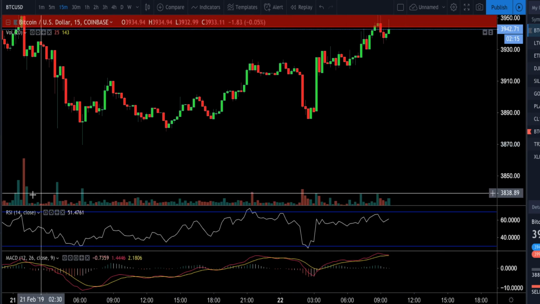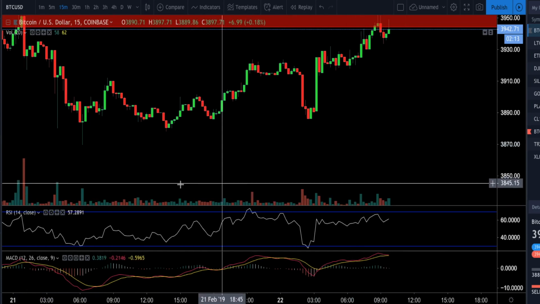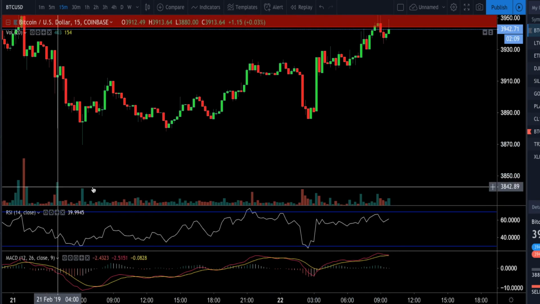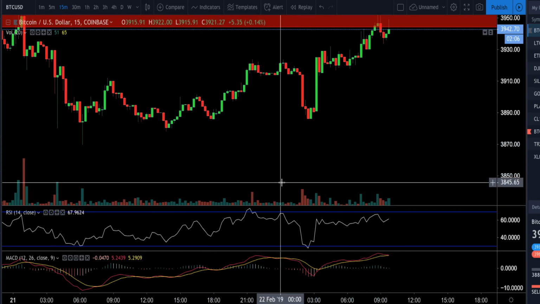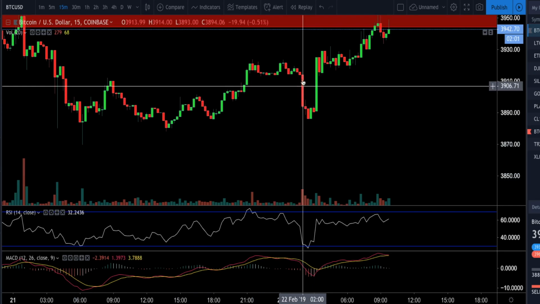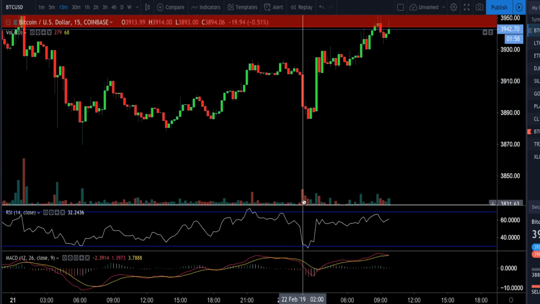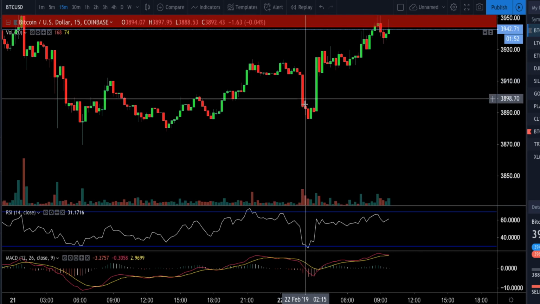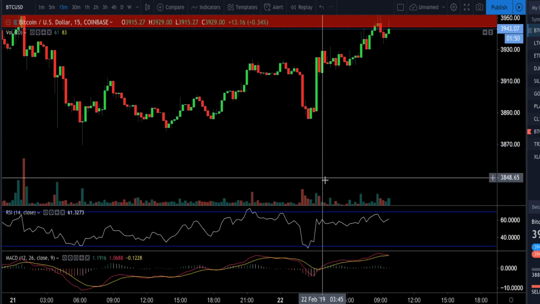Okay, this is how much money is coming or going from the particular asset that you're looking at, be it Bitcoin or gold, silver, whatever the case may be. So you can see this candle here had a spike in volume, and it's red, so that means there was more selling than buying.